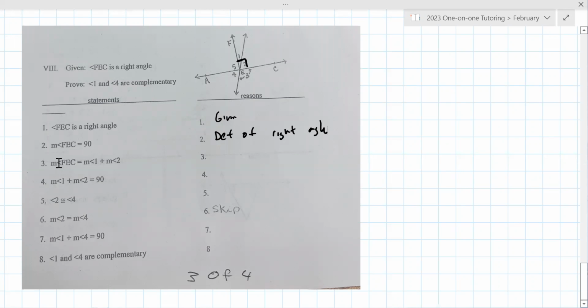Step 3 here says that FEC is the measure of angle 1 plus the measure of angle 2. Basically, you just say, if I add them up, I get the other one. So that's the addition property. We said that earlier.